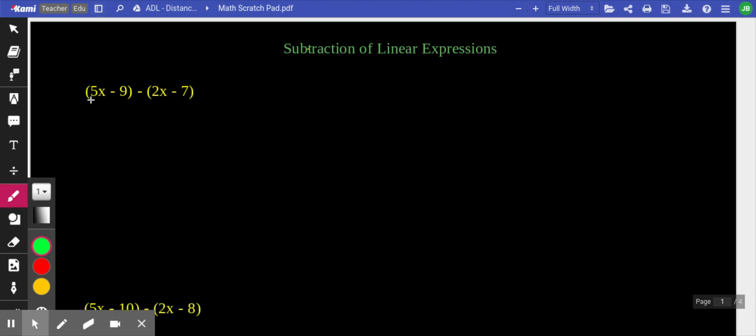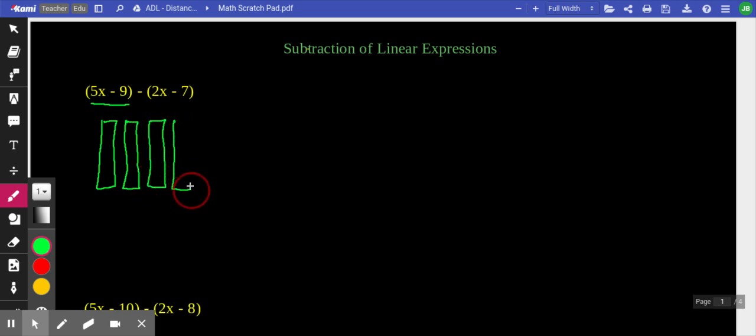So we're going to start by representing this 5x minus 9 with a picture. I'm going to use my rectangles to stand for my x's. So 1, 2, 3, 4, 5 x's.